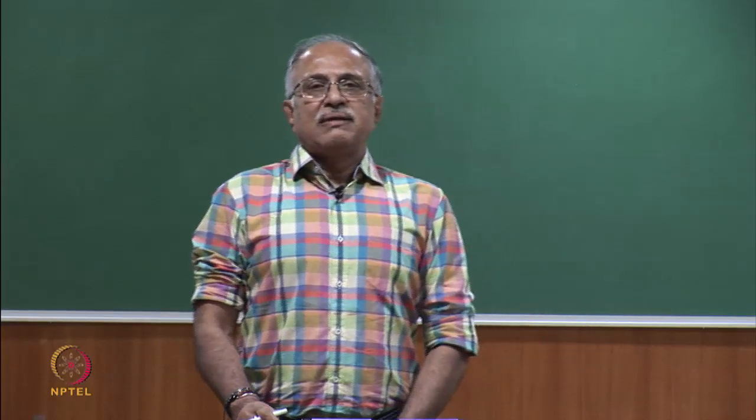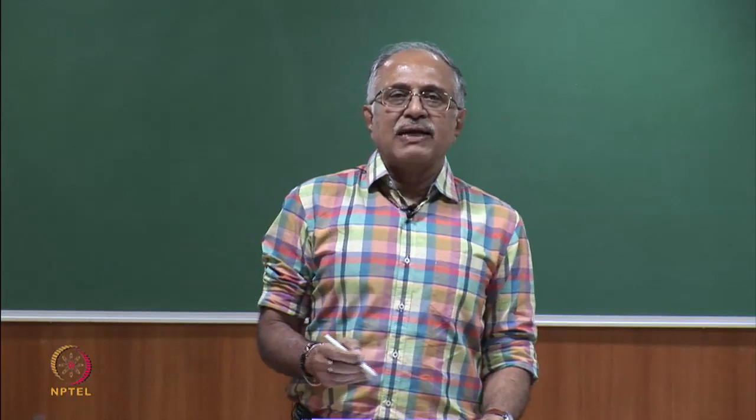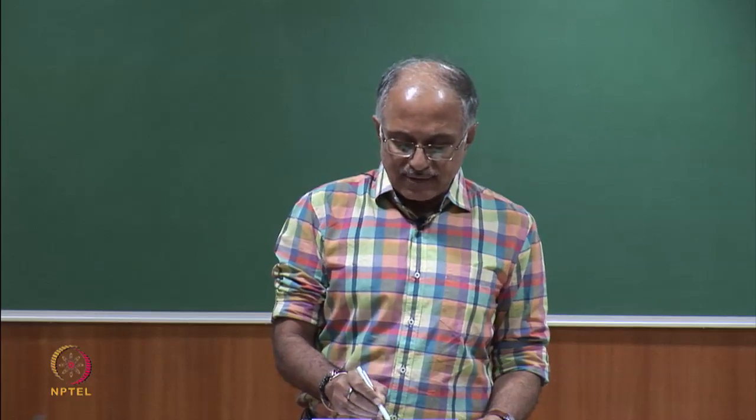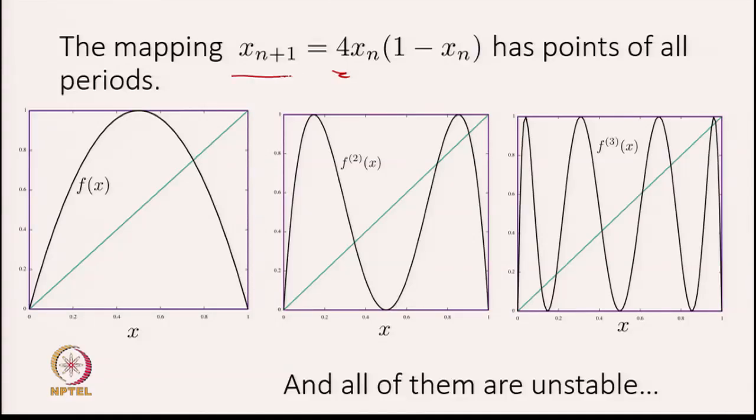Notice that this quadratic map, when the parameter takes the value 4, so that x n plus 1 is 4 x n into 1 minus x n, actually has points of all periods. And the simplest way to see this is graphically. If I draw 4x into 1 minus x, this is an inverted parabola which goes from 0 to 1 to 0.